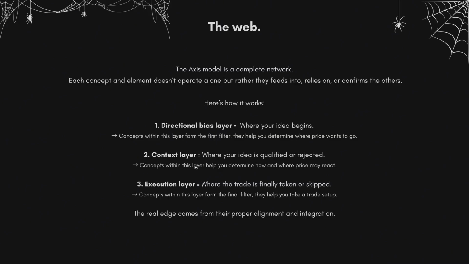Okay, but if you get this layer right, then with the help of this, you filter out 90% of the losing trades, or the invalid trades, you could say. Now, I'm not saying that you will have a 90% win rate here. I'm just saying that you will avoid the invalid trades if you get this layer right.